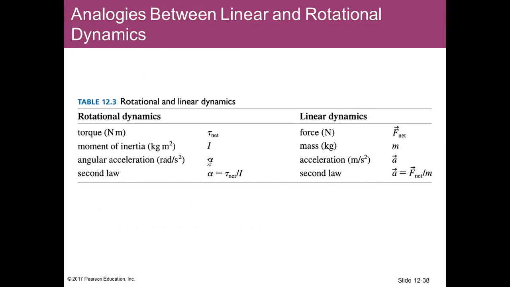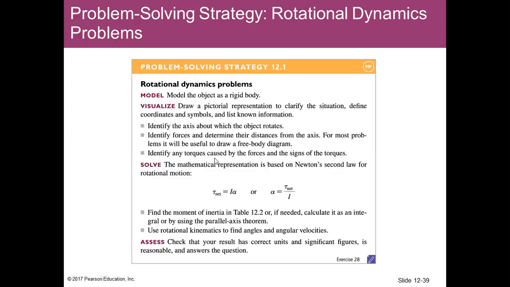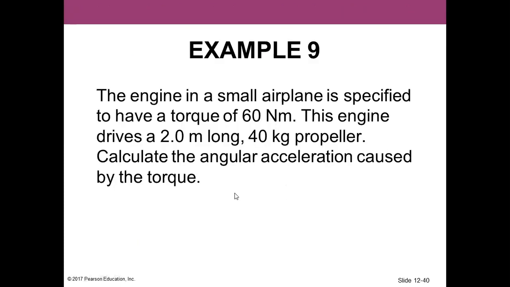And angular acceleration is denoted by this symbol, alpha, which is measured in radians per second squared. So we can even make the net torque the subject of the formula. Then we get moment of inertia I times the angular acceleration.